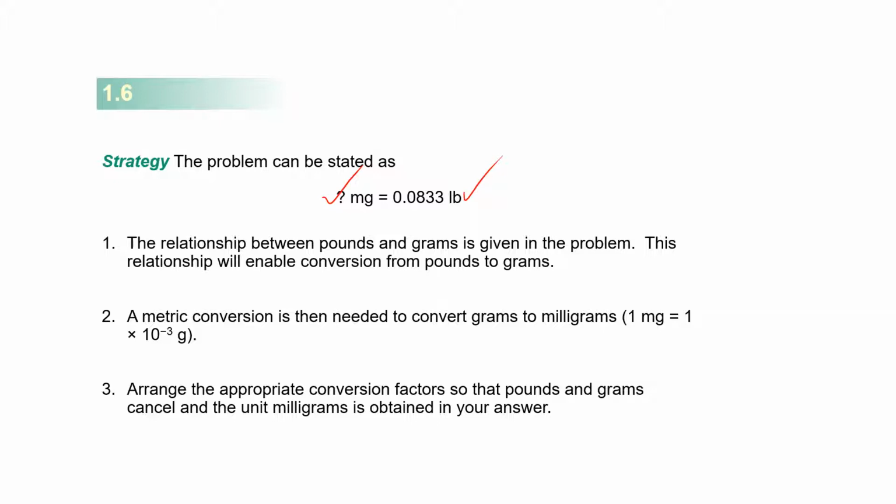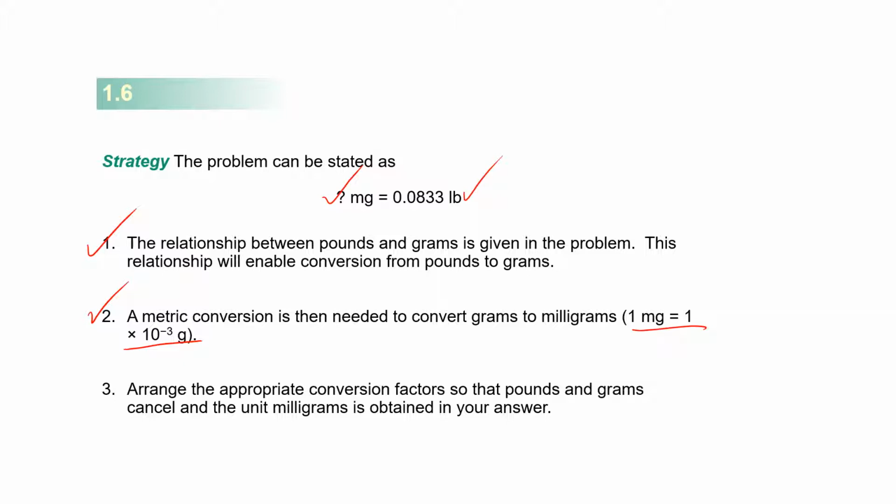In step 1, the relationship between pounds and grams was given in the problem, so we could write down 1 pound equals 453.6 grams. However, we need a second conversion factor. We need to know the relationship between milligrams and grams, and it just so happens that 1 milligram equals 10 to the negative third gram. So that's our second equality and our second conversion factor.